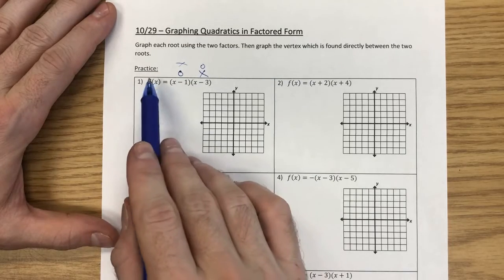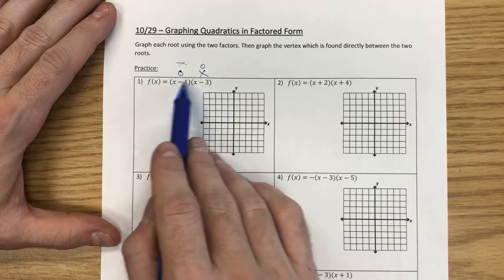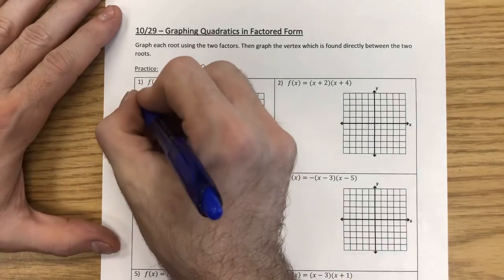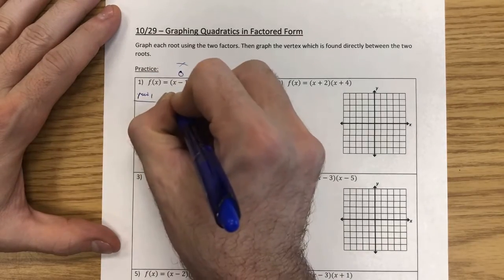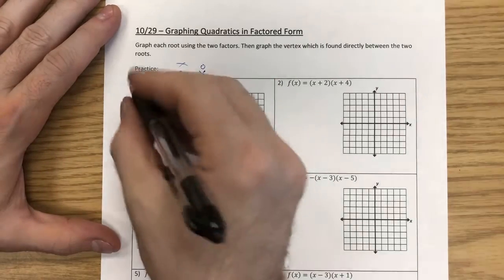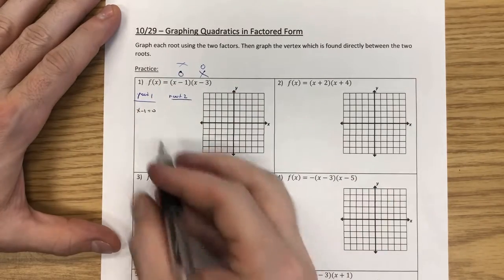And so I know that if I want my y value to be 0, I only need one or the other to be 0. So that's going to allow me to find what I call my root 1 and my root 2. My root 1 is simply x minus 1. If that equals 0, then it doesn't matter what's over here.